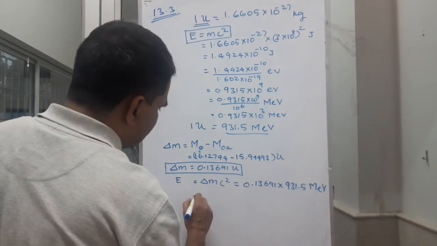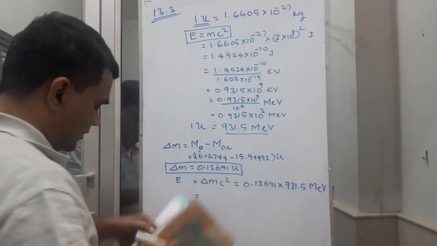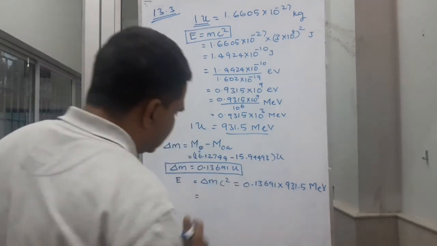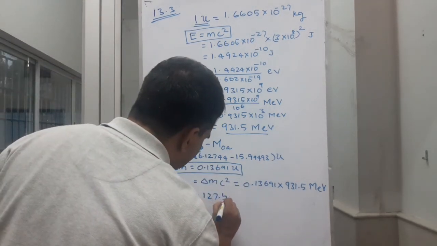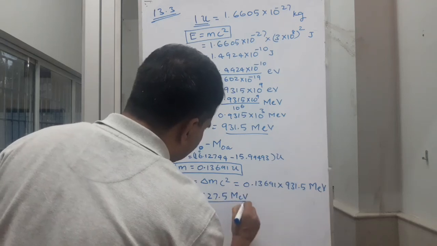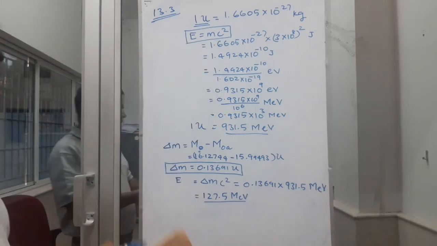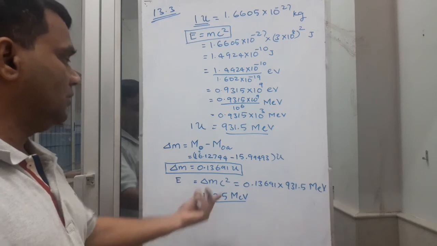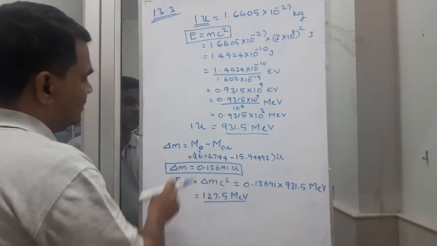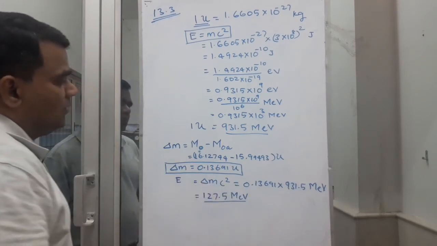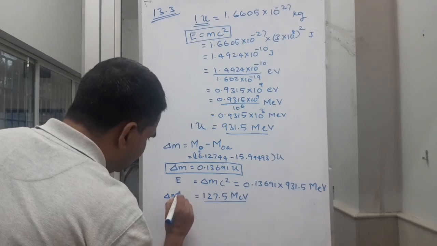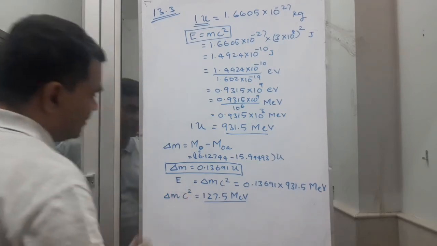So the energy equivalent of this delta M is given by 127.5. If I multiply this, it's going to be 127.5 mega electron volts. That's the amount of energy in this delta M, and this is actually delta M c squared, right?